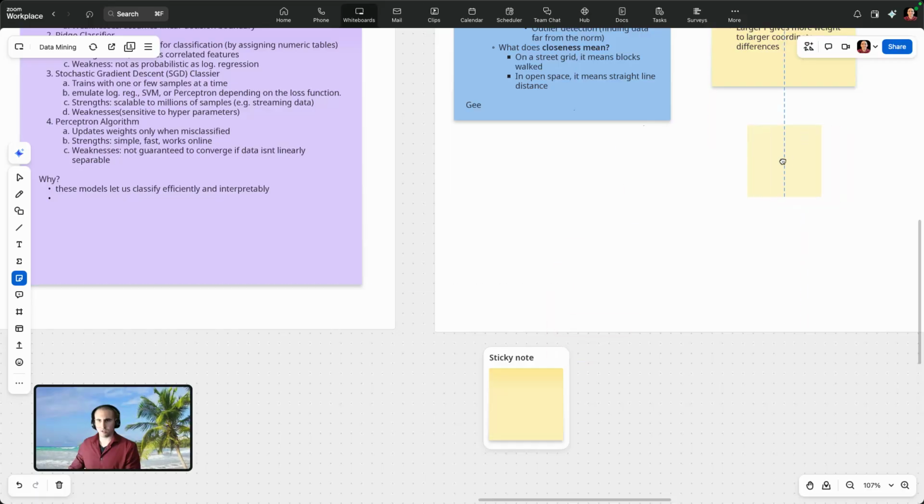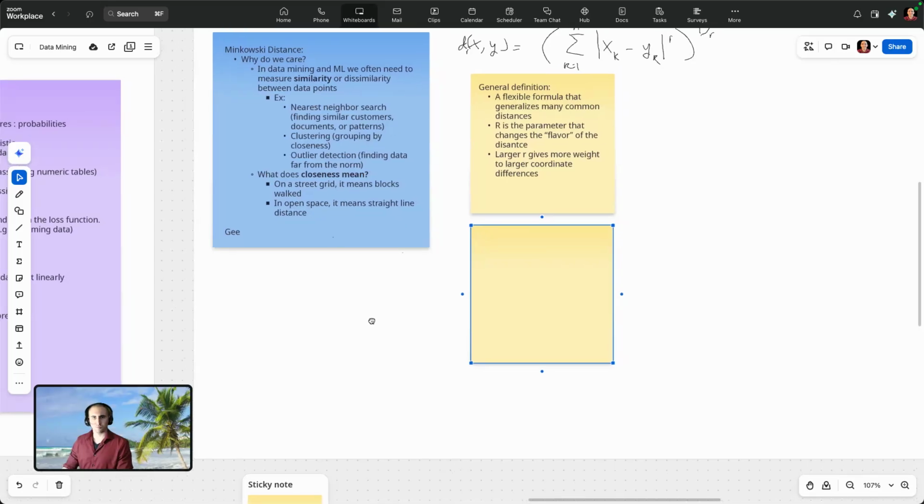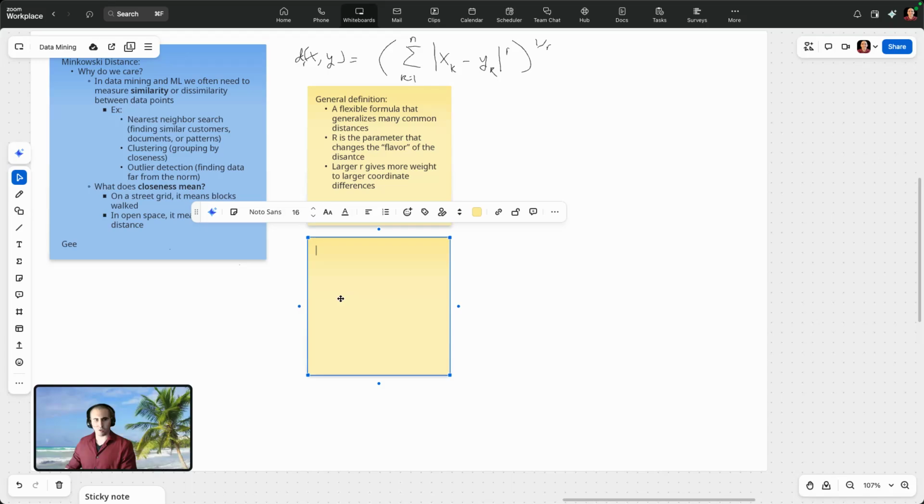We get another sticky note here. All right, and let's just go over the applications of this, and then we can go over an example. Applications.